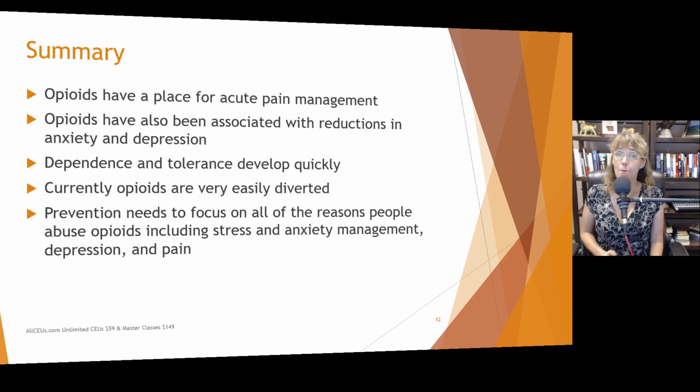Other people may have just randomly stumbled across it or experimented with it and found that it helped. It was an effective method of self-medication. So we do need to recognize that the path to opioid misuse differs for different people, and the reason they use differs. Are there any questions?